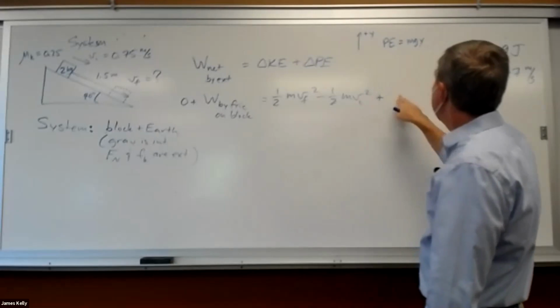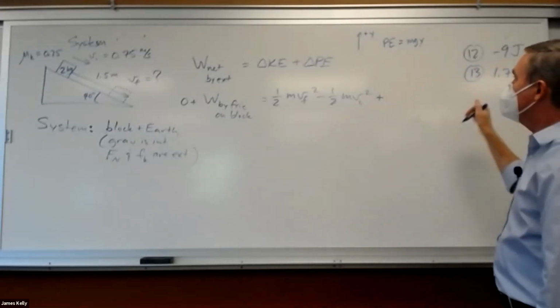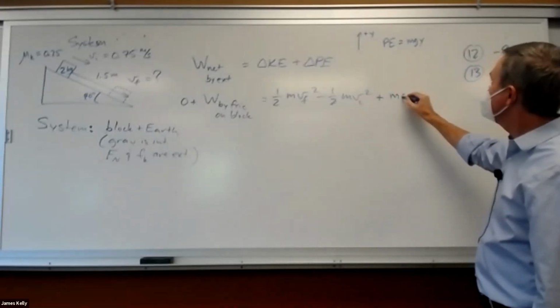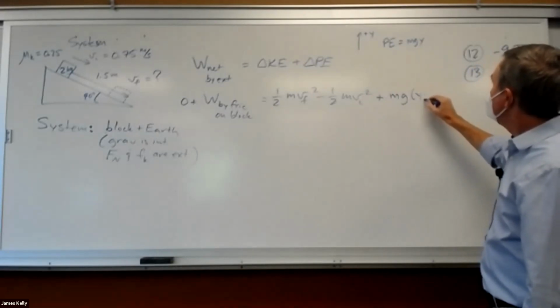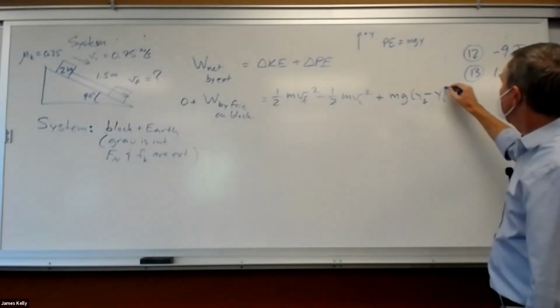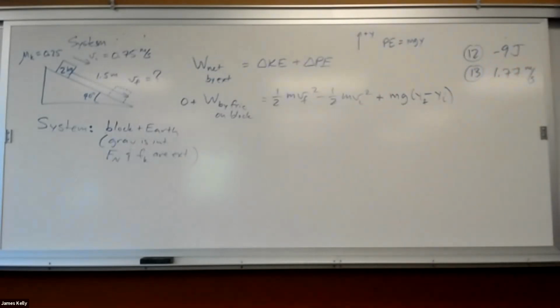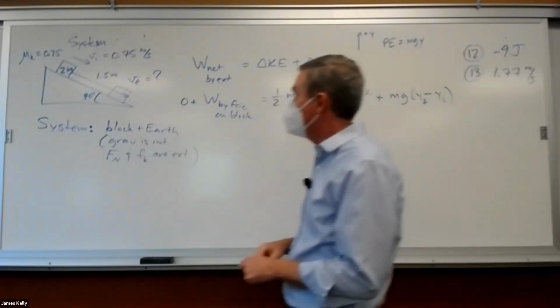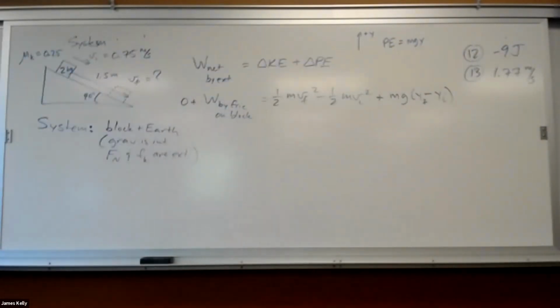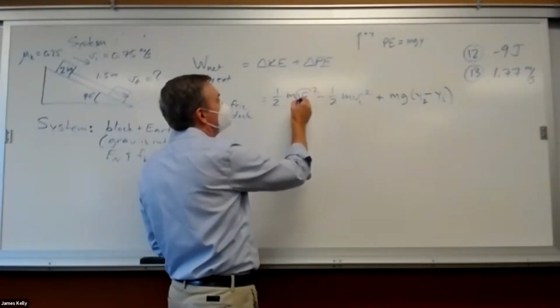So that's going to be mgy final minus mgy initial, and as usual, I'm going to write that as mg times y final minus y initial, because that's how far it went down in y, right? We're going to have a negative y final minus y initial because it's gone down in y if plus y is up. All right, how am I going to calculate? So what are we after here? We're after V final.